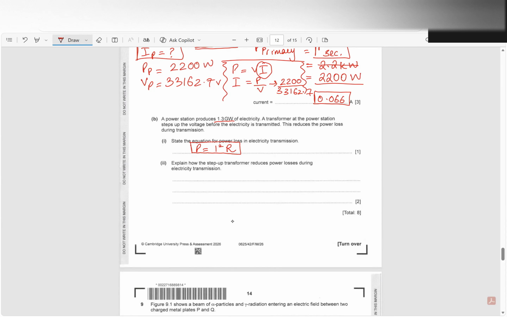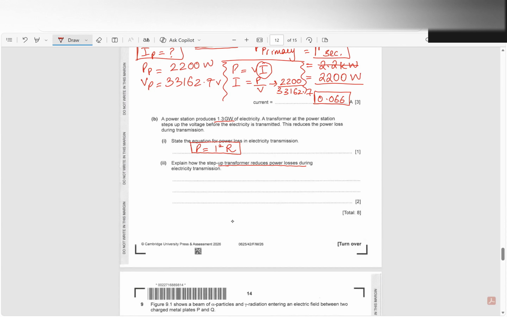So in the next part, it says, explain how step-up transformer reduces power losses during electricity transmission. We need to understand, and this is something you need to remember as well.